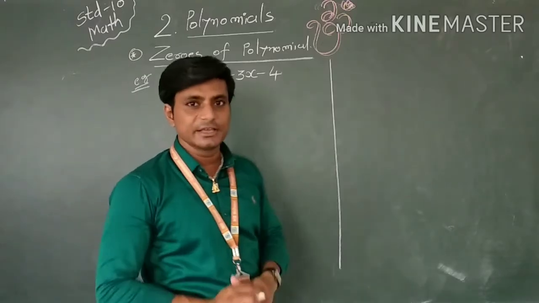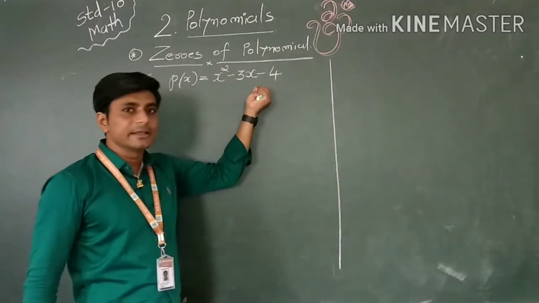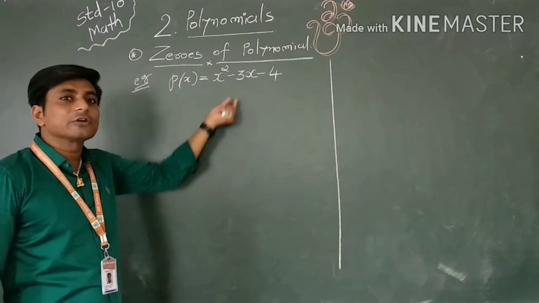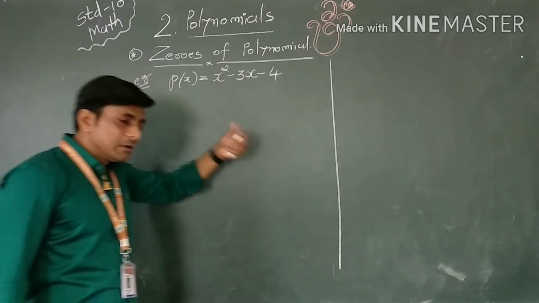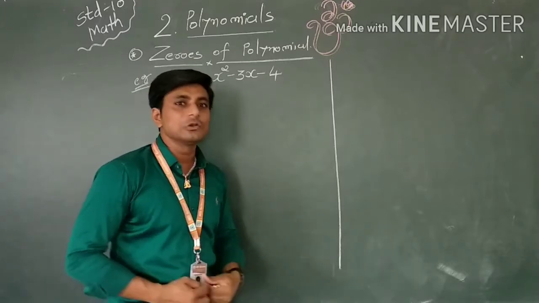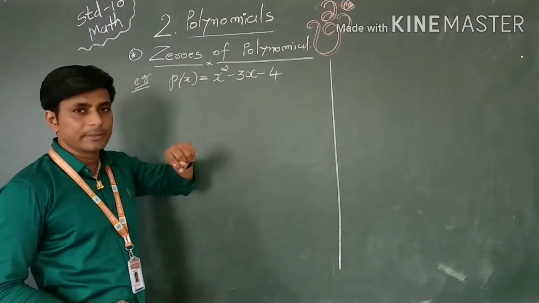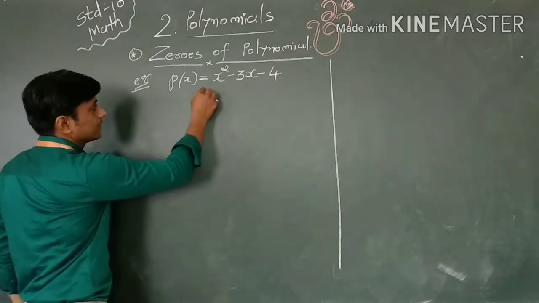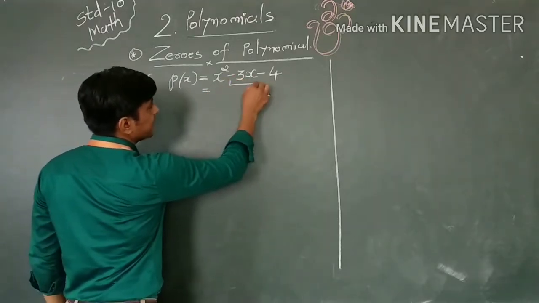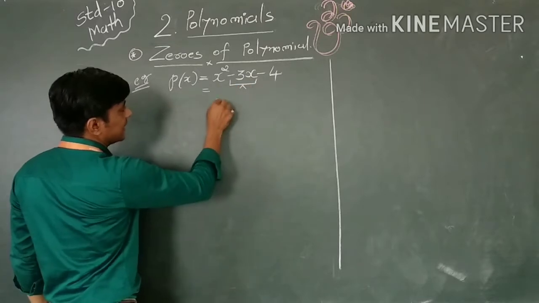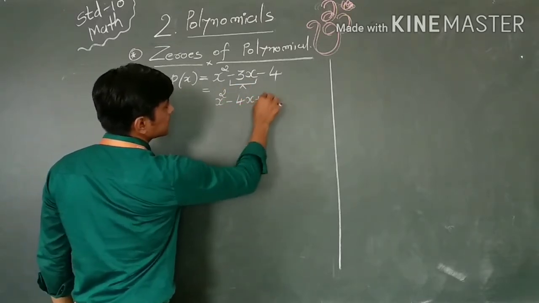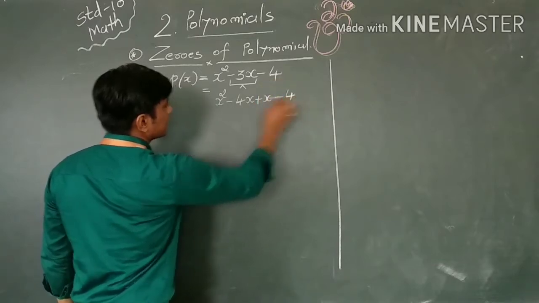First of all, we see what the algebraic meaning is. We solve this polynomial by the factorization method, and we find the solution of this polynomial. Solution means the value of x. First of all we split this term as x square minus 4x plus x minus 4.